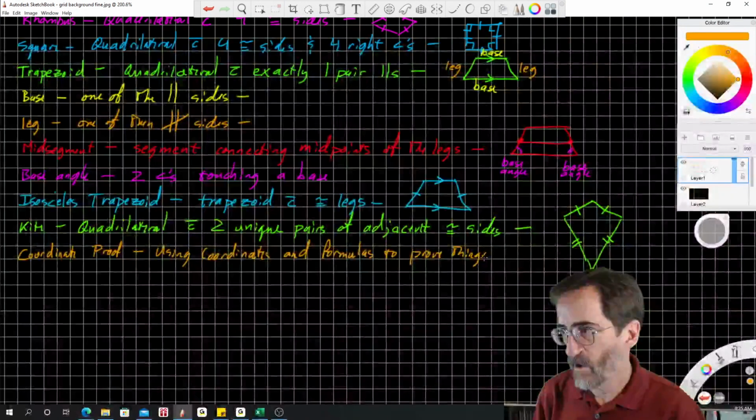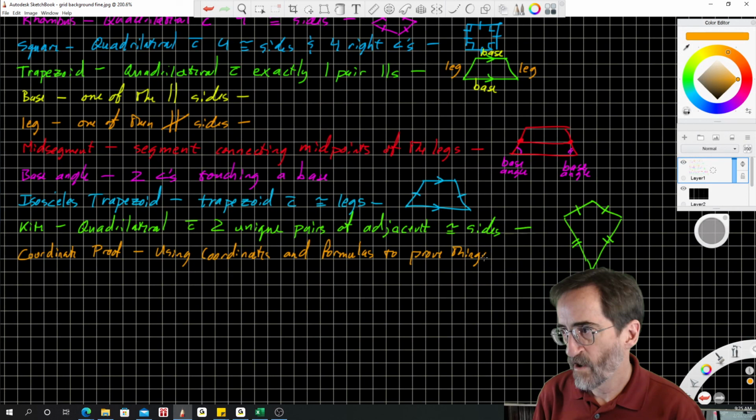Example, prove. A (2, 1), B (4, 2), and C, let's do (-1, 3), and D, let's see, (1, 4).